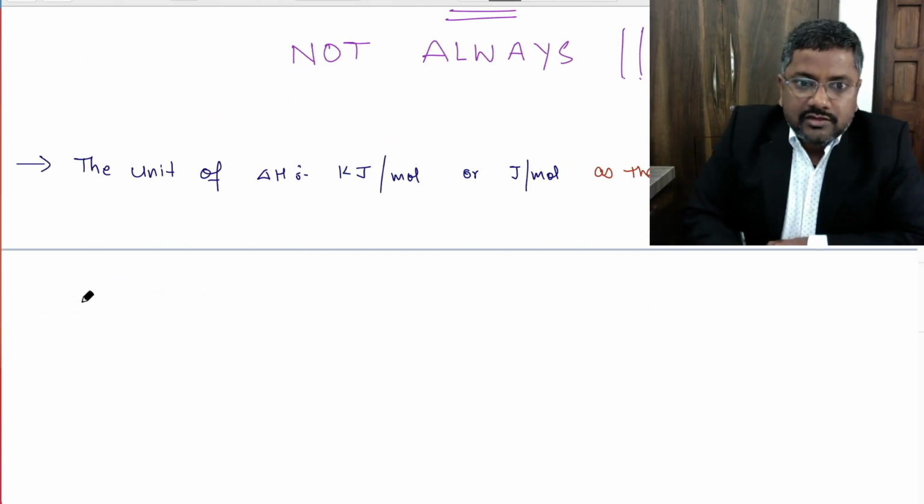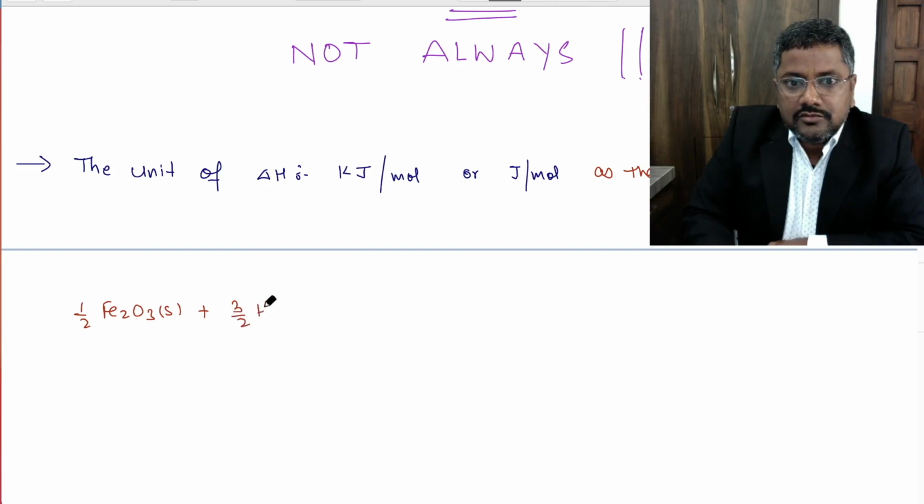So 1 by 2 Fe2O3 solid plus 3 by 2 hydrogen gas will give Fe solid plus 3 by 2 H2O liquid.